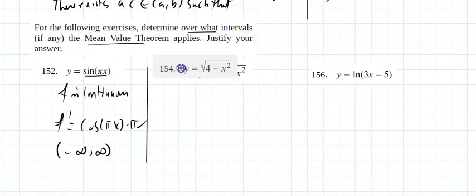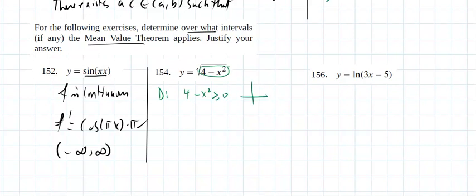How about here? Where would this be defined? Well, let's see. If I take this and I say, where does 4, this is domain now, this is not calculus. Where does 4 minus x squared, where's that bigger than or equal to 0? You have two options. Either you graph this, upside down parabola shifted 4 units, it crosses at -2 and 2, it's bigger than 0 on -2 to 2, right?